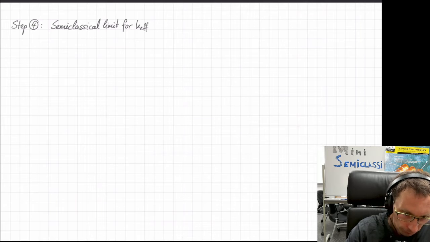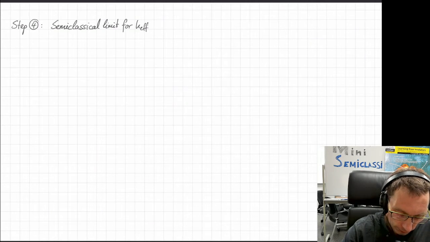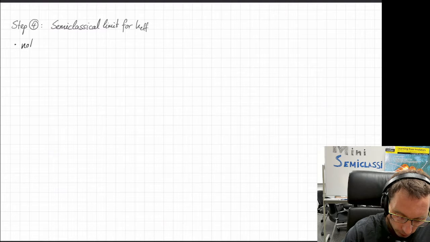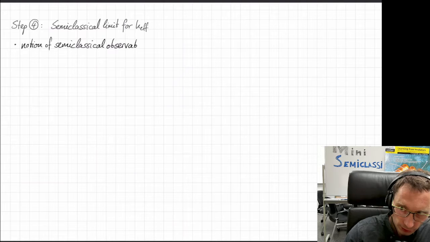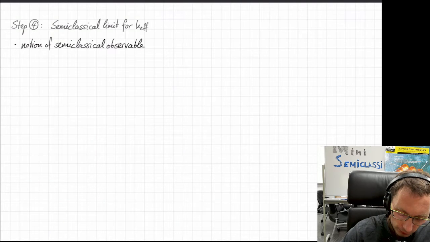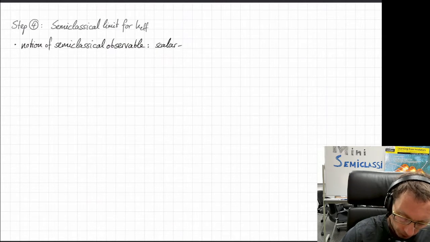Of course, one of the things that we need to clarify here is the notion of semi-classical observable. And the important thing is that these are scalar valued Hörmander symbols.